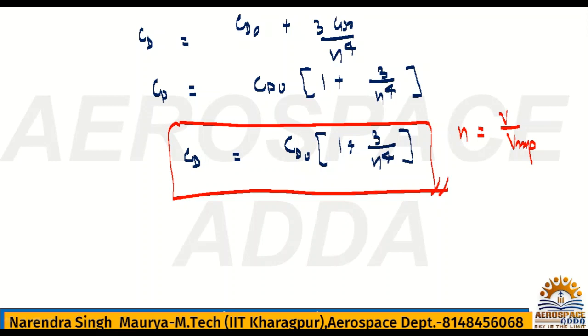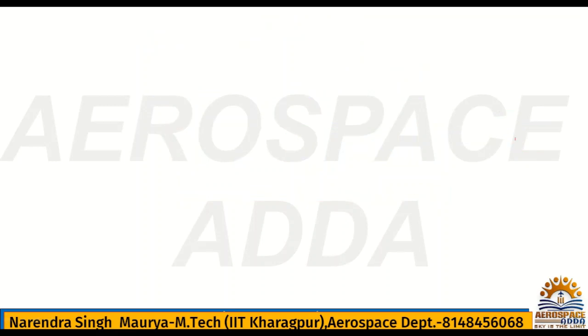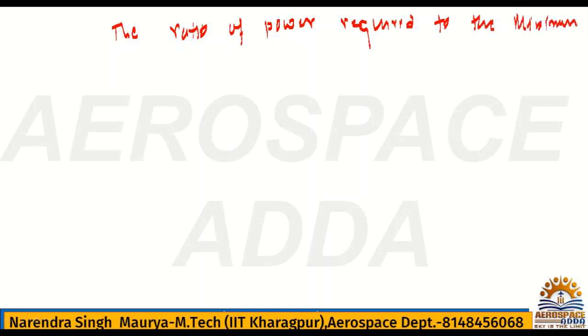So what will be the ratio of power required to the minimum power required? It is nothing but P upon P min.